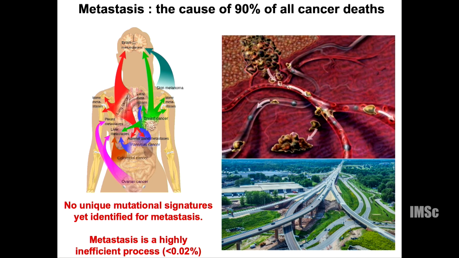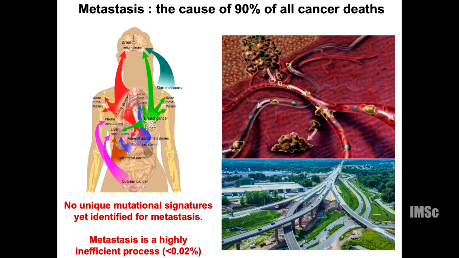So just to introduce the context of cell state transition, other examples we'll be looking at in a minute. So metastasis, as many of you may know, continues to be the major cause of all cancer-related deaths. And what has been realized by the field over multiple years is that in the context of metastasis, there are no unique mutational signatures that you could say drive metastasis.